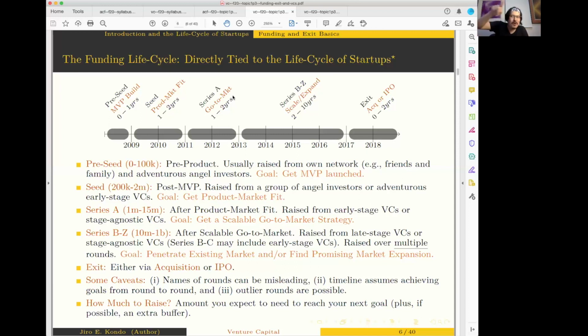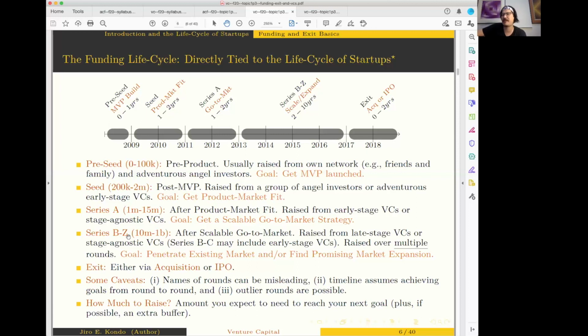And so you have multiple of these rounds. That's why I say Series B through Z, is that this could be many, many rounds, right? Because each round you have a specific expansion in mind, right? And each of those rounds, sorry, 1 second, can range between $10 million and $1 billion. So the mega rounds are all aggressive scaling rounds, for the most part.